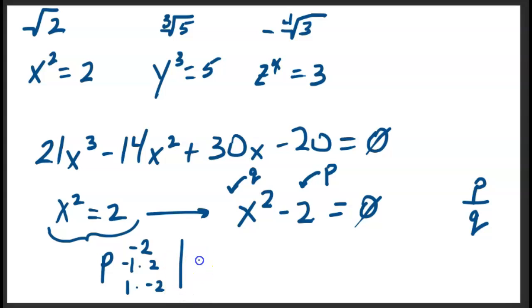So for the Q, the leading coefficient here is a 1. It's not a 0, it's a 1. When there's no coefficient written, the coefficient is 1. So what are the possibilities here?